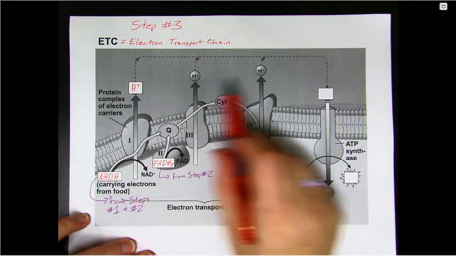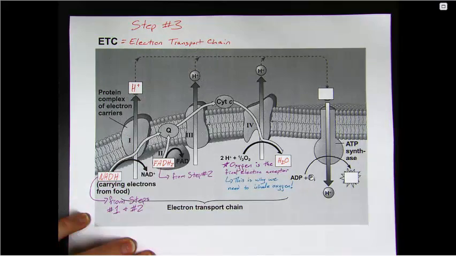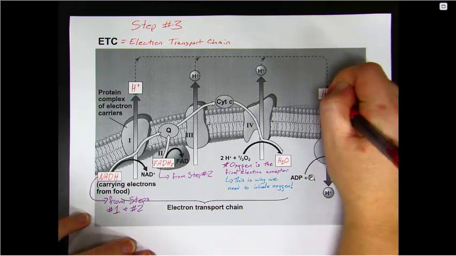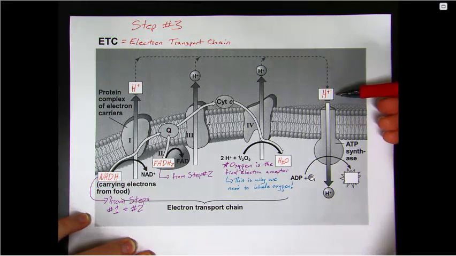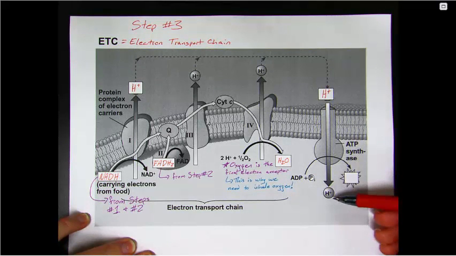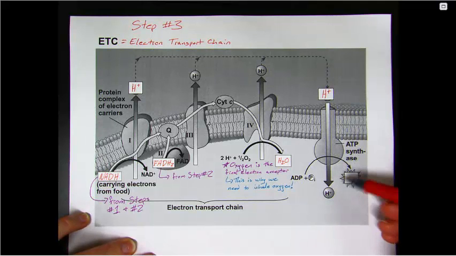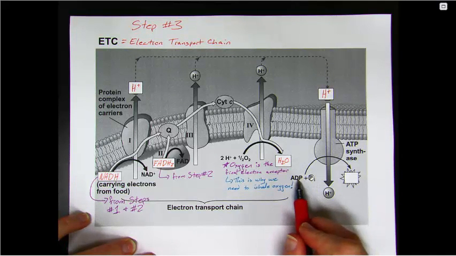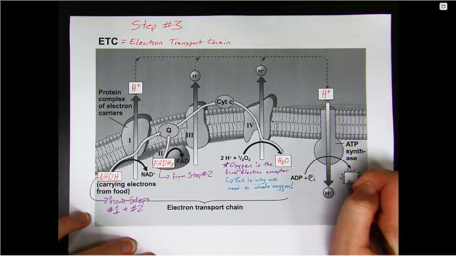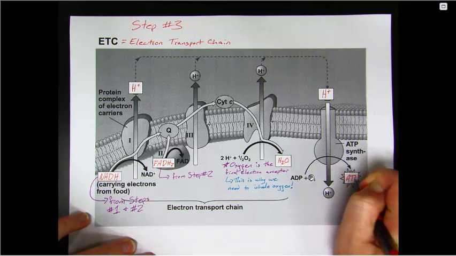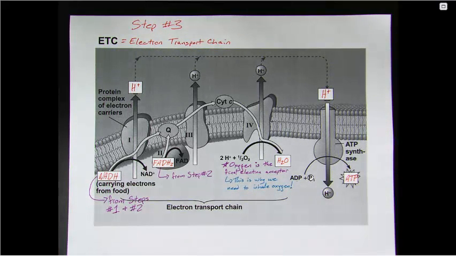Now the hydrogen that has been built up on one side of the membrane is eventually going to use passive transport to move through the ATP synthase, and as it moves through ATP synthase, that extra phosphate is attached to the ADP to produce ATP. This is where the bulk of the ATP is produced within cellular respiration.